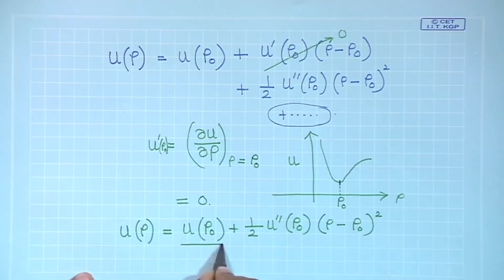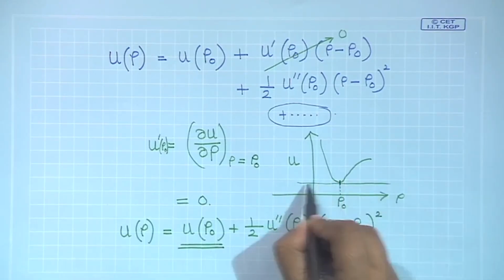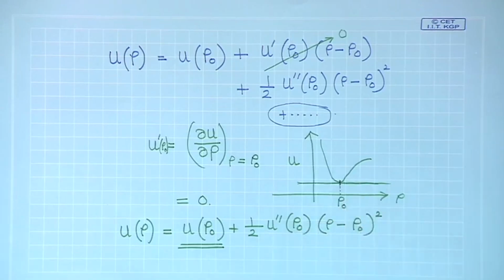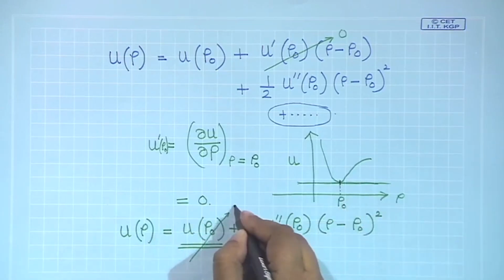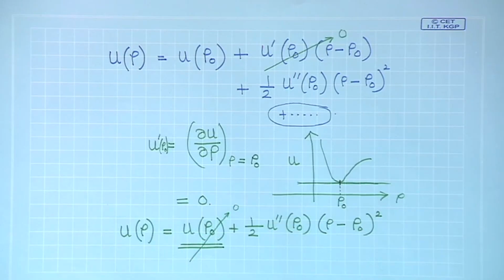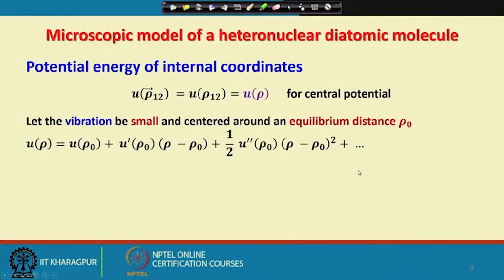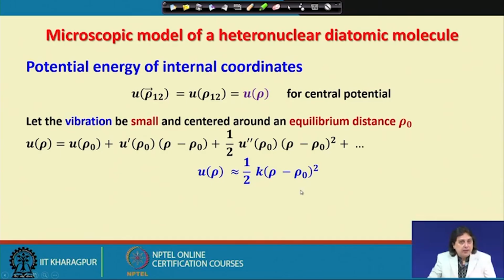Now, let us say that I assume that this is the 0 of the energy scale for this kind of vibrational motion. So, I put this equal to 0. So, essentially the potential energy term that we saw in our total energy is a harmonic energy term that is proportional to rho minus rho naught whole square.